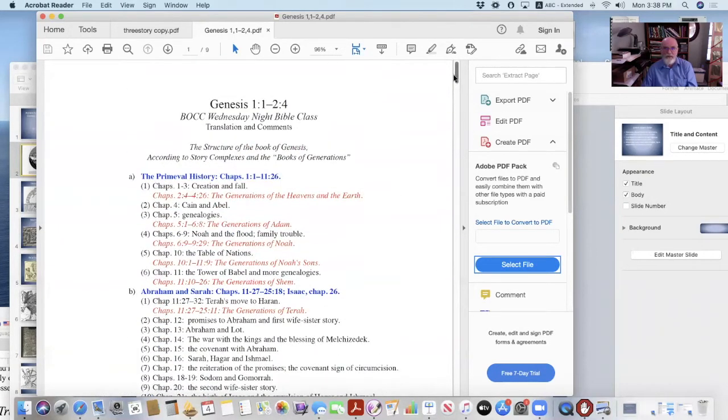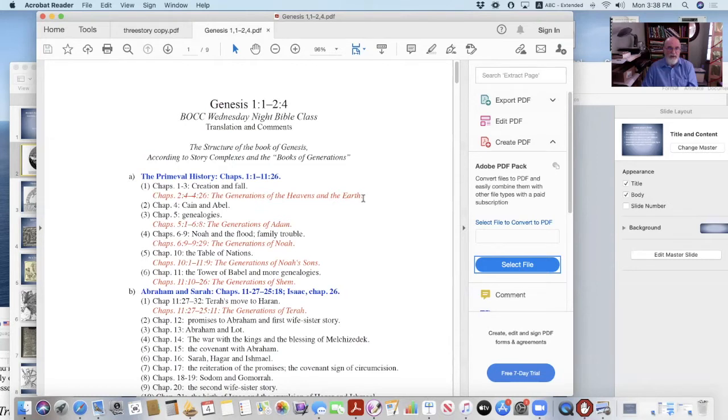Another way of understanding the way the book of Genesis is laid out is in red here, and that is according to the structure of the books of generations, and that is the Toledot books, so-called, the generations of the various genealogies that are presented.